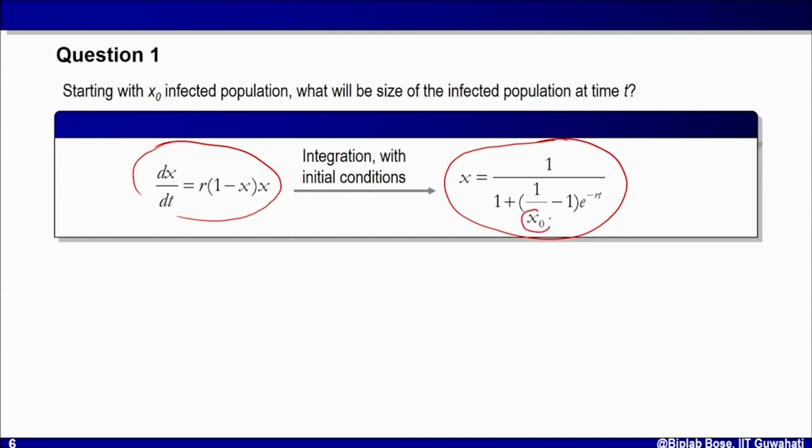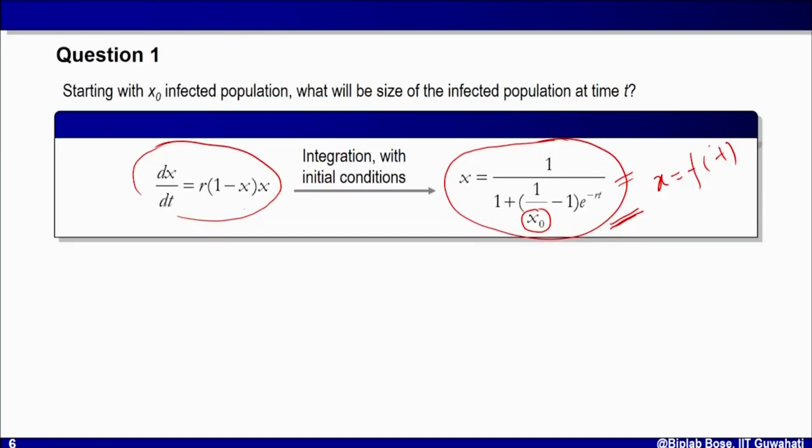Remember, this is my initial condition at t equal to 0, x naught is my value of the fraction of the population infected. So I have integrated this ODE and I have got this function, x as a function of time. Now this function is all I need to answer the questions that I have raised.